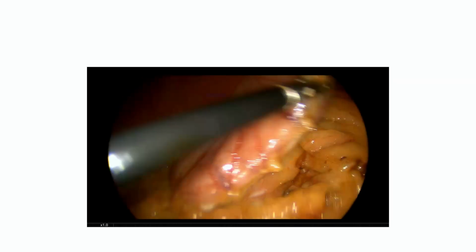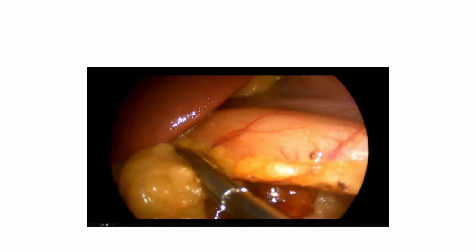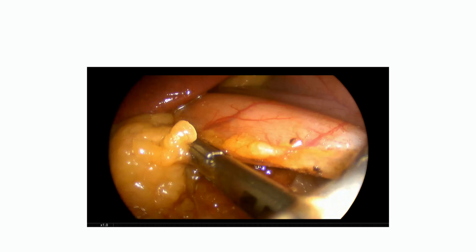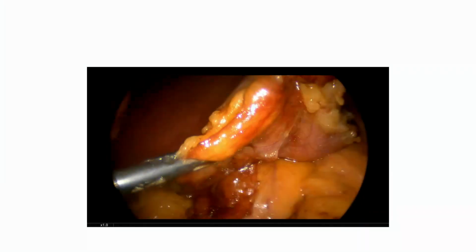Furthermore, we go distally toward the pylorus. We dissect the antrum up to the level of the pylorus.